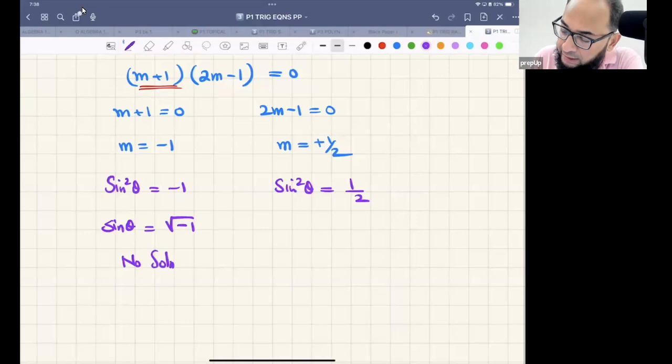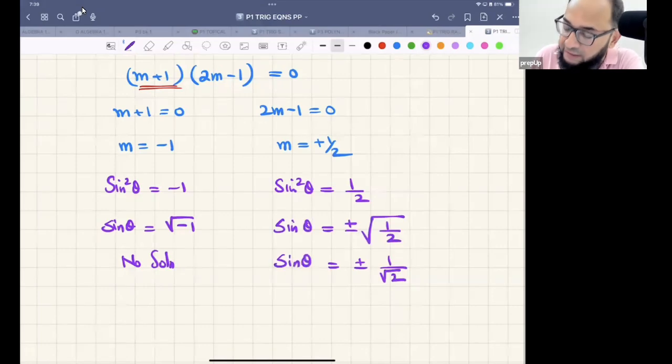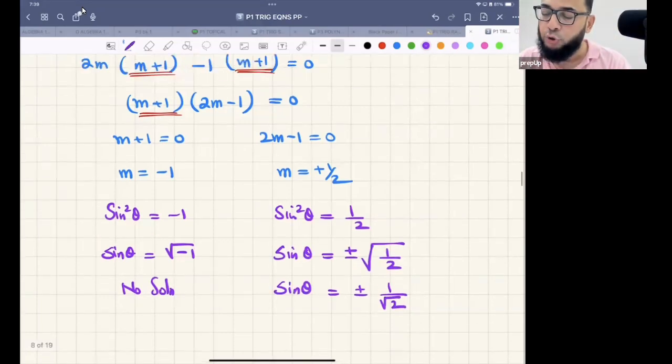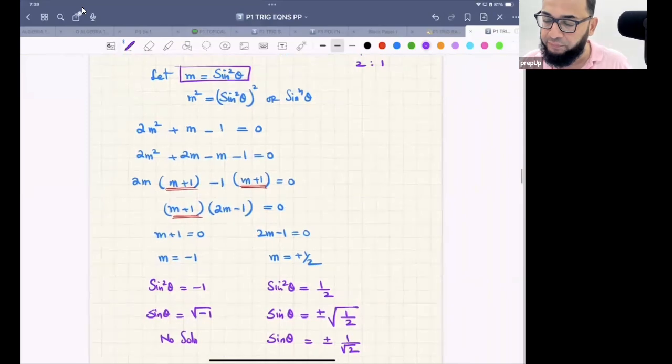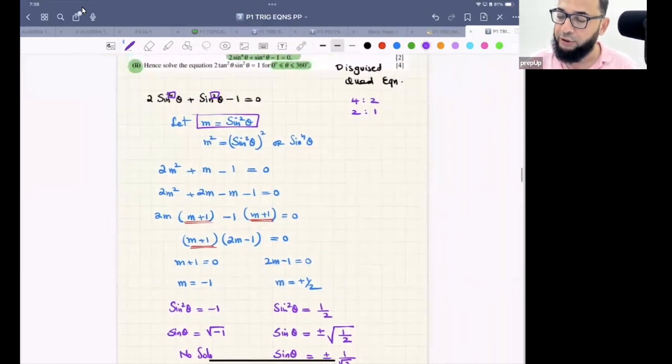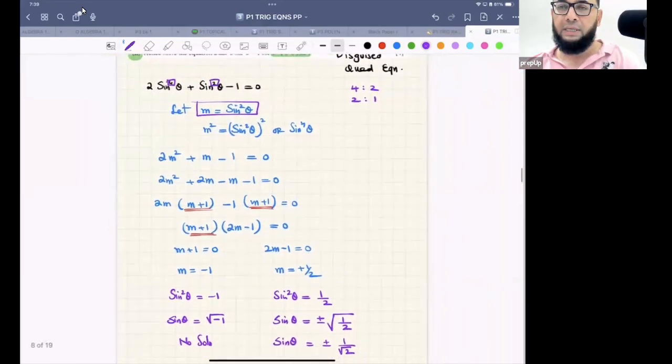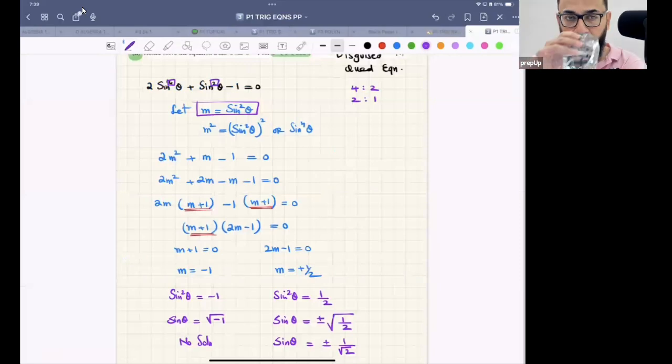Sine square theta equals 1 over 2. Therefore, sine theta is plus minus square root of 1 over 2, that is plus minus 1 over root 2. That's the value of sine theta. Now, just go over this first. I'm just minimizing it, so I'm giving you a full idea how this came into being.